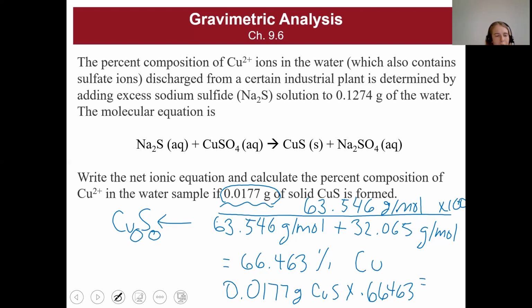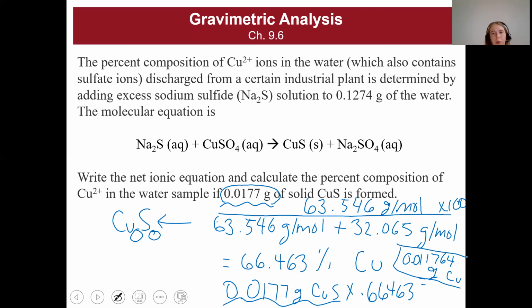That's going to give us, let's see, 0.0177 times 0.66463. So there is 0.011764 grams of copper in this amount of copper sulfide.